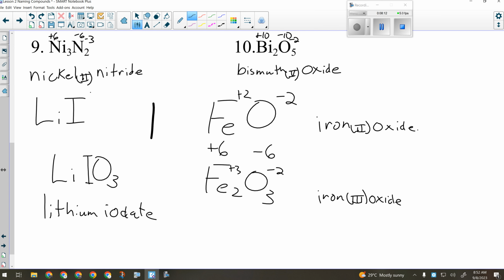So if you have a compound that starts with a metal, it's ionic. If it has more than two elements, you'll have to look at the table of common polyatomic ions and find the ion that fits, and you'll be able to find it there. Okay. Let's try a different one.